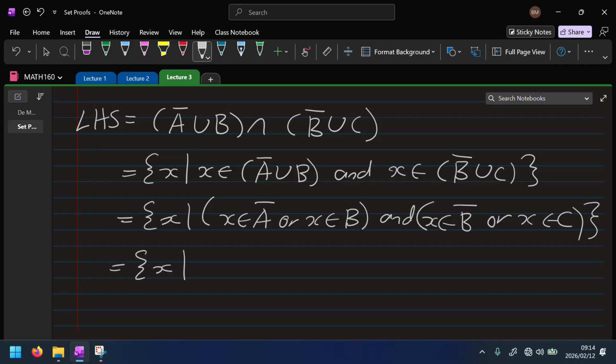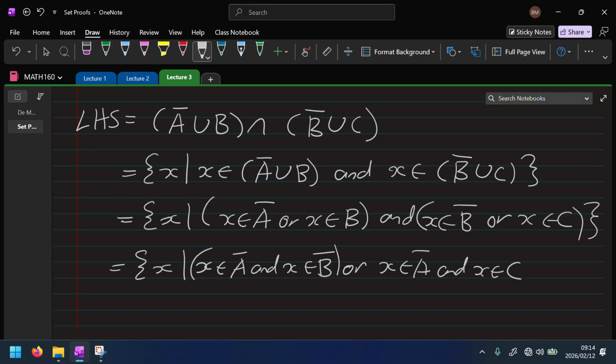Okay. And then it will be this one and this one. Right? Normal distribution. So we've got the first term in brackets, the next term, then it will be this one and this one from the distribution.